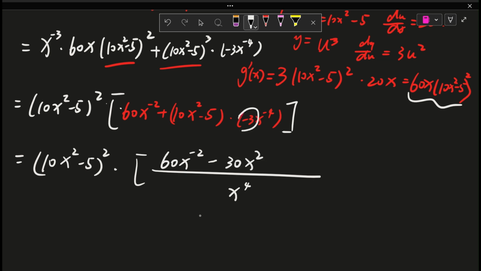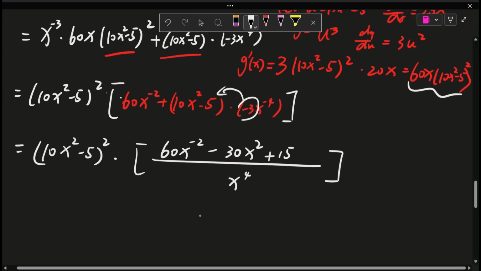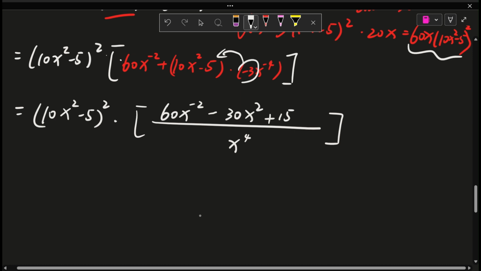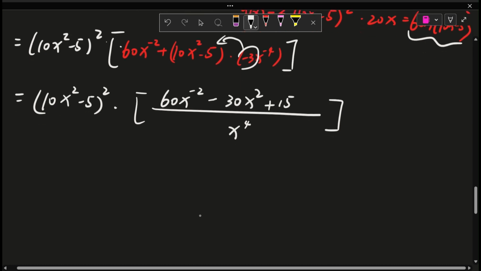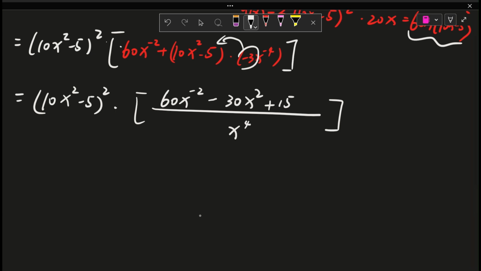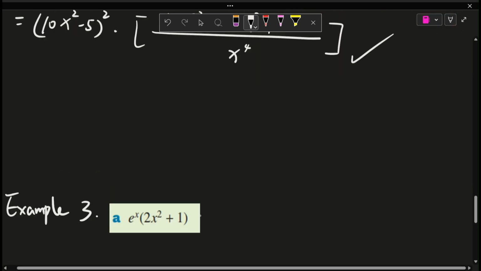So I move that one to the multiplies. And then actually it is plus the 15. That's it. So in total, we actually can leave this one as our answer. Yeah, that's it. If you leave that one, okay.